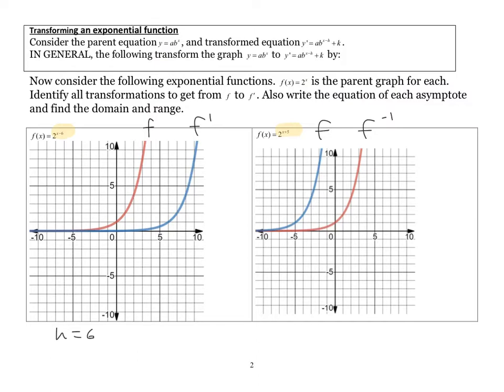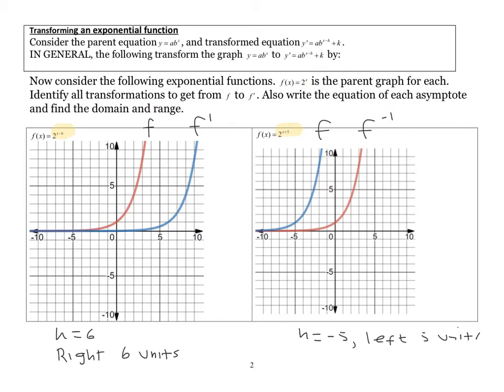What does that mean? It is a horizontal shift to the right, 6 units. And for this one here, I see that h is equal to -5. So this one goes to the left, 5 units.